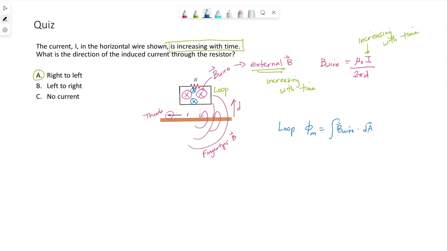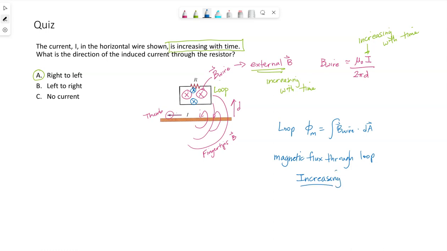But we're just asking about the direction of the induced current. So we don't have to actually solve numerically anything. What we do need to recognize is that the magnetic flux through the loop is increasing. This is the important piece here.